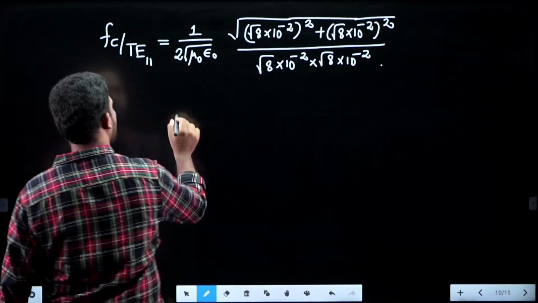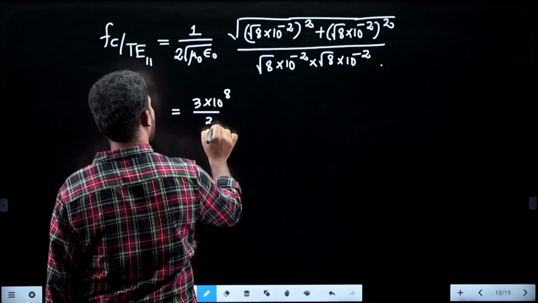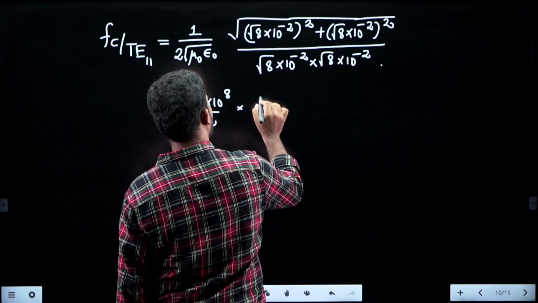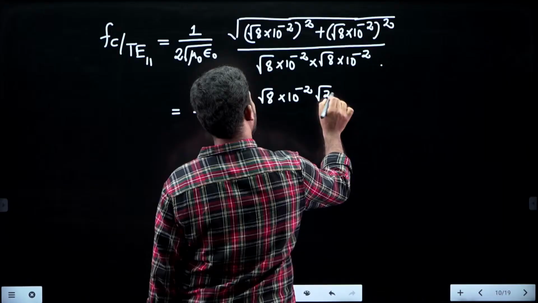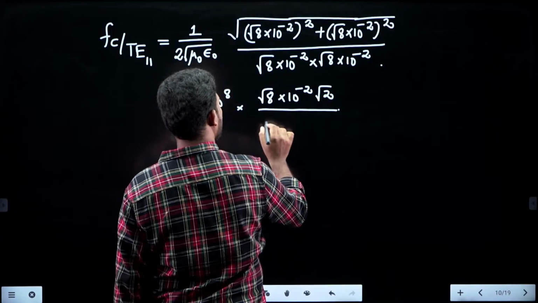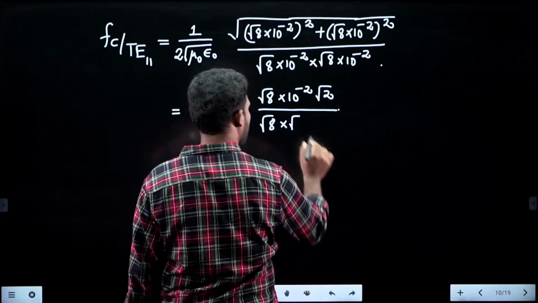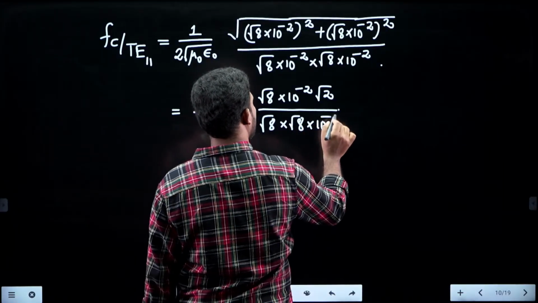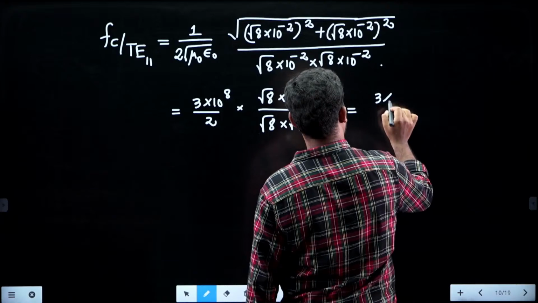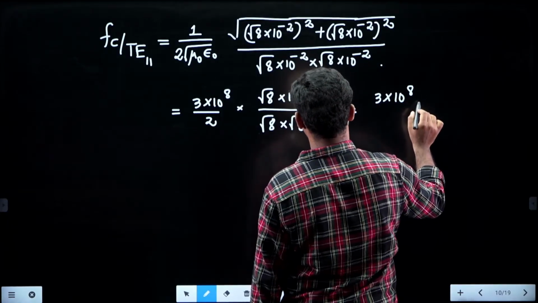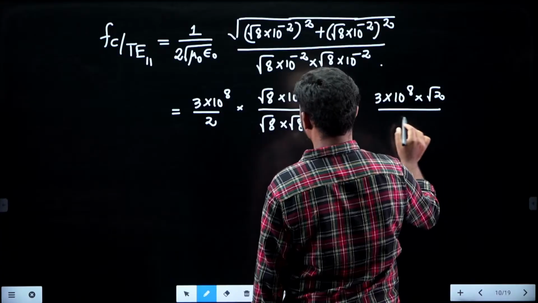Do these calculations. So which is 3 into 10 to the power of 8 divided by 2 into square root of 8 into 10 to the power of minus 2 into root 2 divided by square root of 8 into square root of 8 into 10 to the power of minus 4. So this will become 3 into 10 to the power of 8 into root 2 divided by 2.